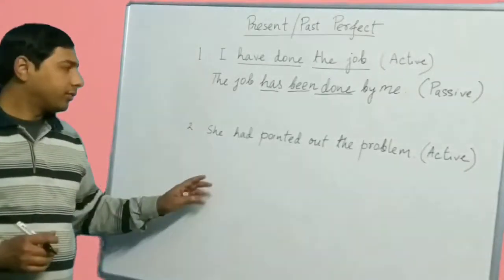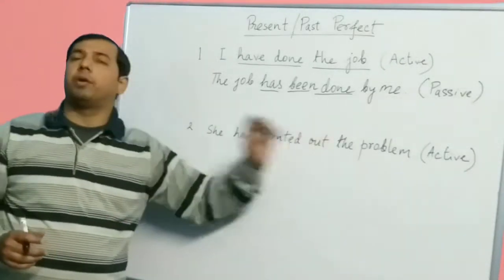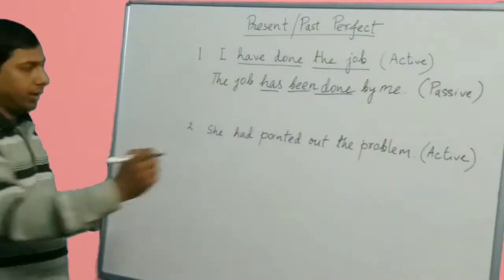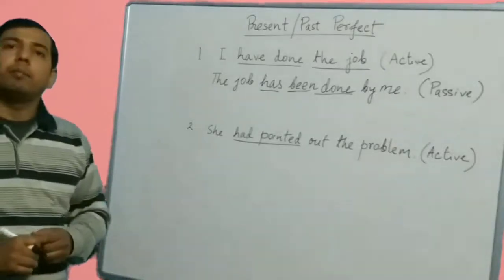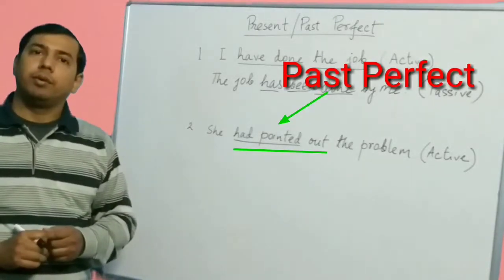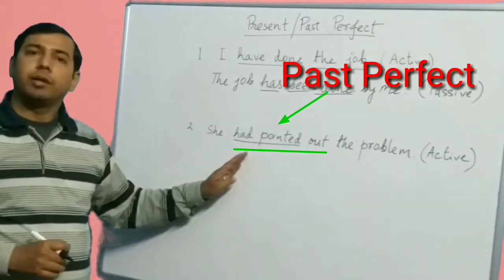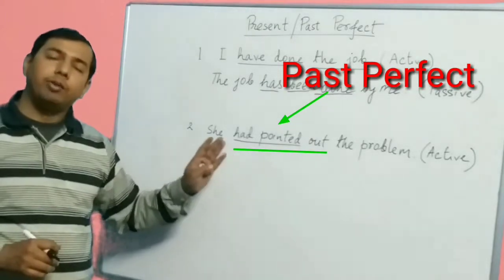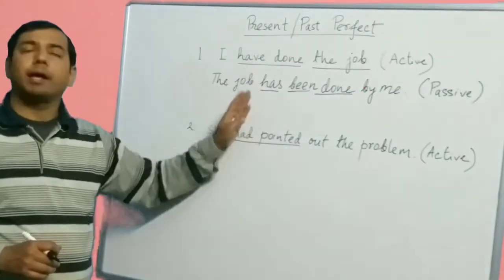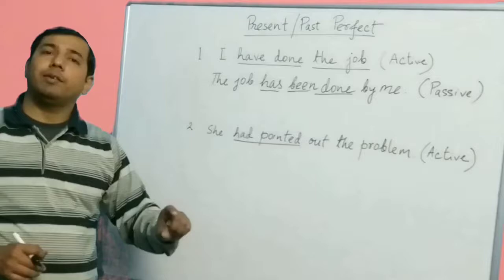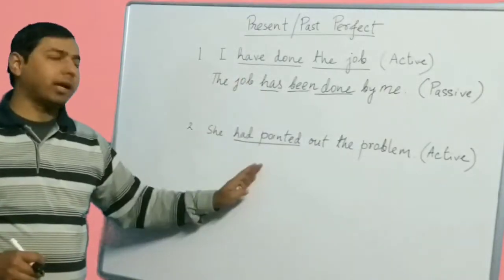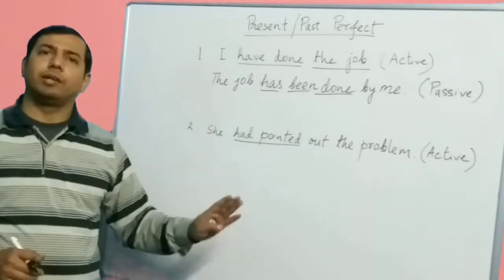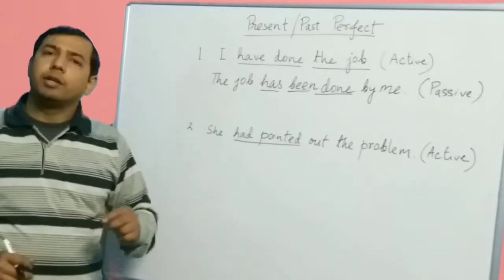Now the second sentence. She had pointed out the problem. We can see that had pointed is in past perfect. In past perfect, the rule is simple and it's just like present perfect. Only difference is the tense. So, like the present perfect and like any other sentence, first we find out the object.